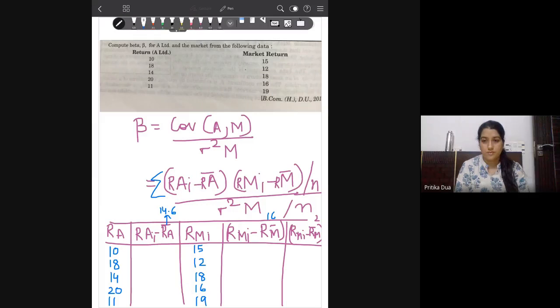So Raj has got the answer. Others also solve. राज, एक बार आप अपना आंसर चेक करो.